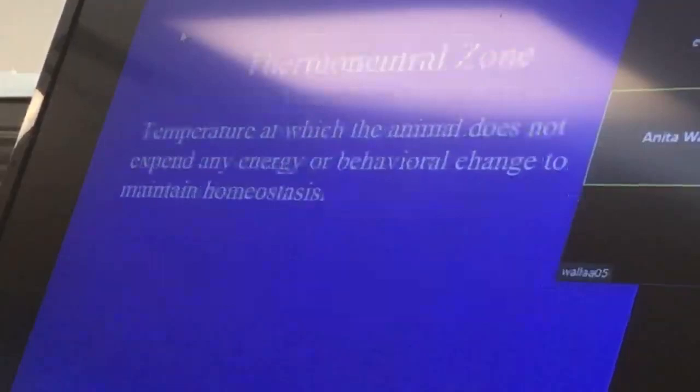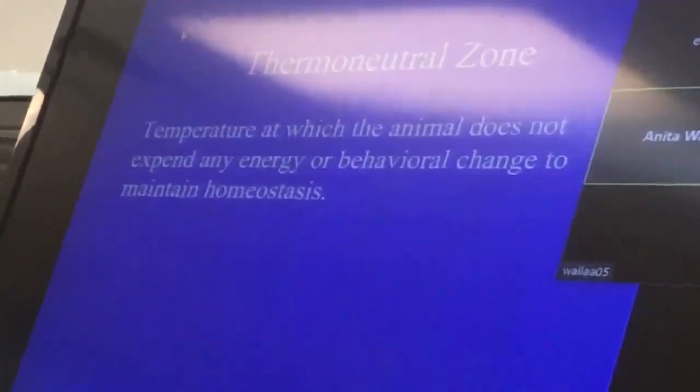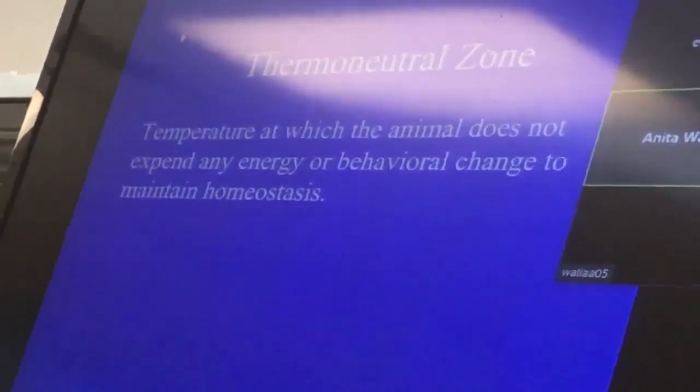We strive to maintain a thermal neutral zone. And there are a number of definitions around thermal neutral zone, but from a practical perspective, it's the temperature at which an animal does not expend any energy or behavioral change to maintain homeostasis, that state of comfort. So that's what you're trying to achieve when you design a facility. It's a continuum. It's difficult to maintain thermal neutrality, but you're always trying to do so.